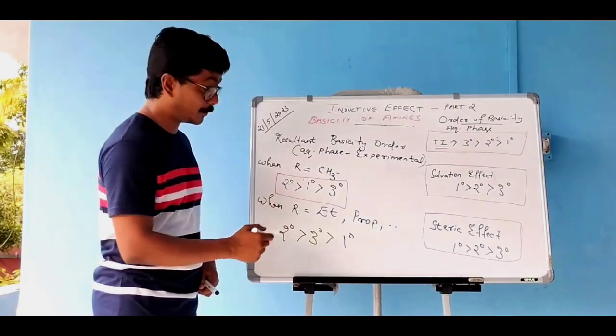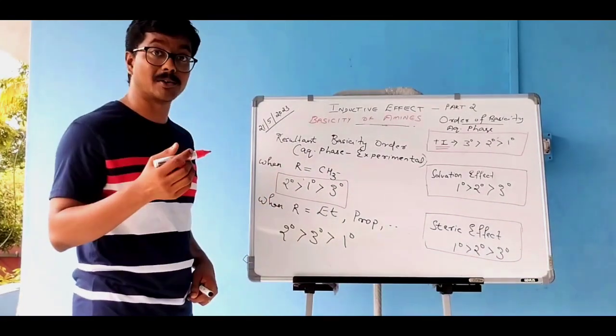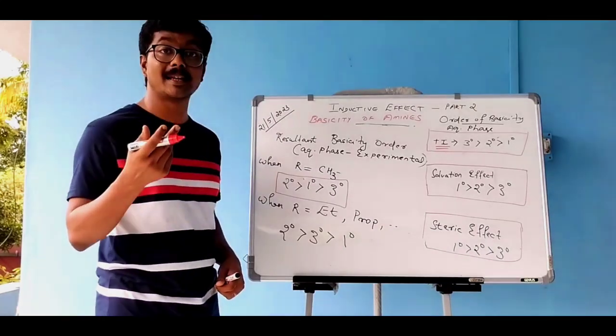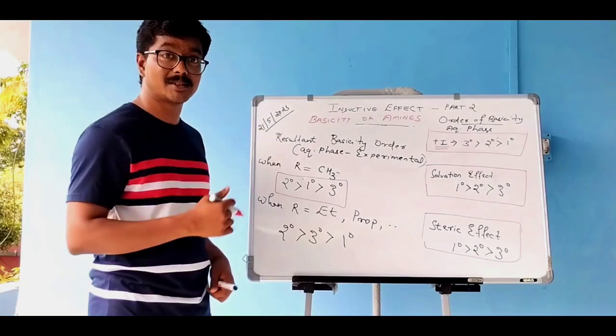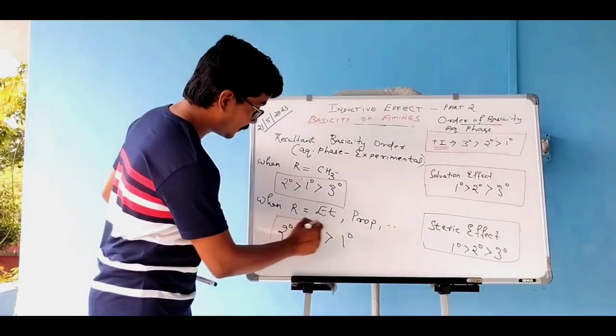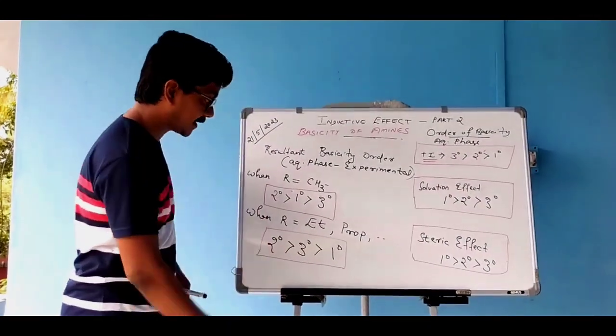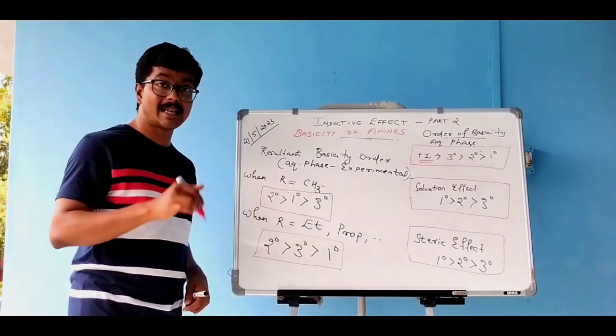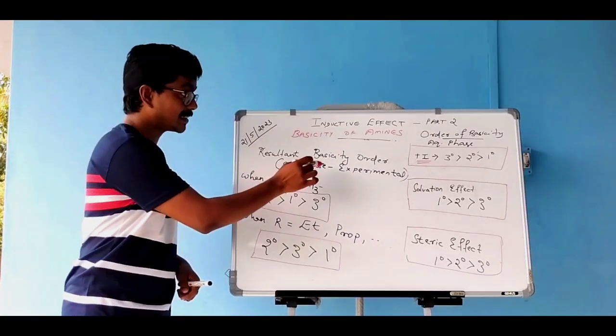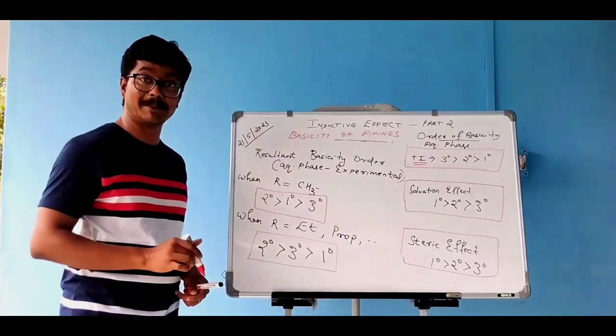When the alkyl group is higher than methyl, whether it is ethyl, propyl, pentyl and so on, the order will be secondary greater than tertiary greater than primary. This is the exact order of basicity of amines as proved experimentally.